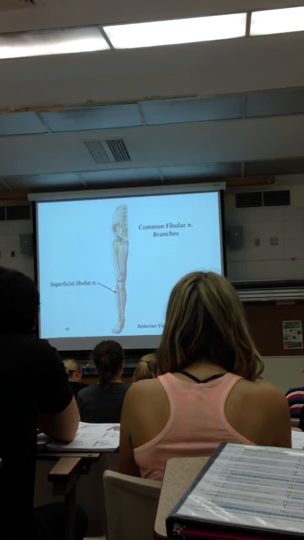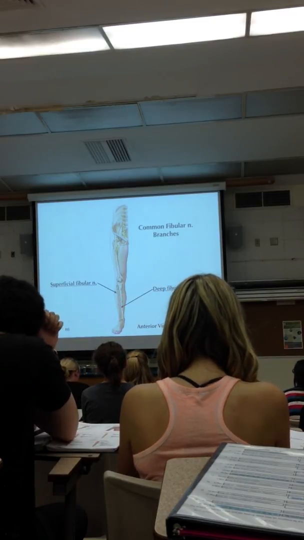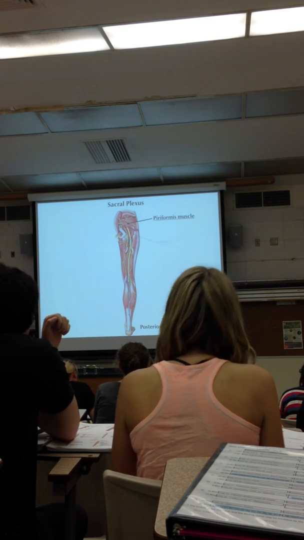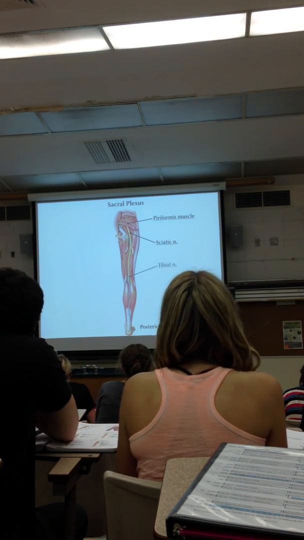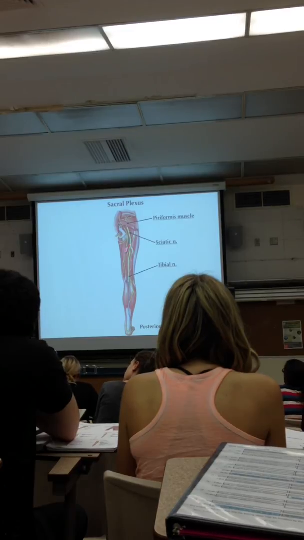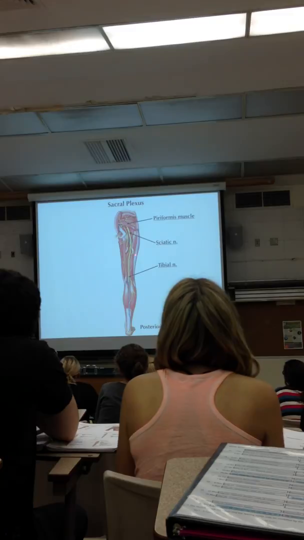Here's the superficial and the deep, right there. Looking at it this way, here's piriformis, remember? Sciatic. Now, as soon as it divides, what you're going to see in the models, you guys, and in some people, is that the sciatic where it divides can be down low like this, or it can be high up here.